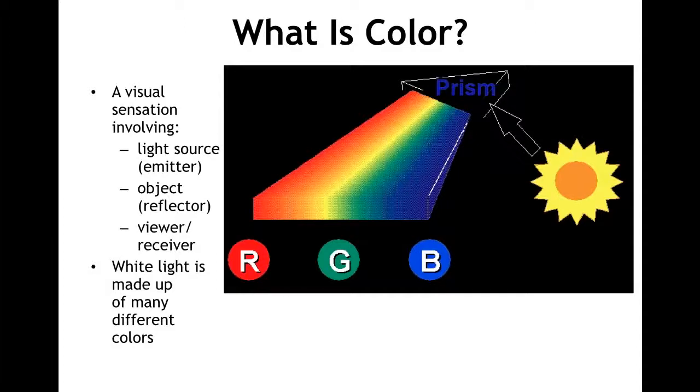So let's talk about what color actually is. Color is basically a sensation. So it's something that happens in your brain, and I went back too far. And it involves all the things we talked about in that other image. So there's that light source, which is the sun, or in the case of a spectrophotometer, there's some kind of a light source inside.